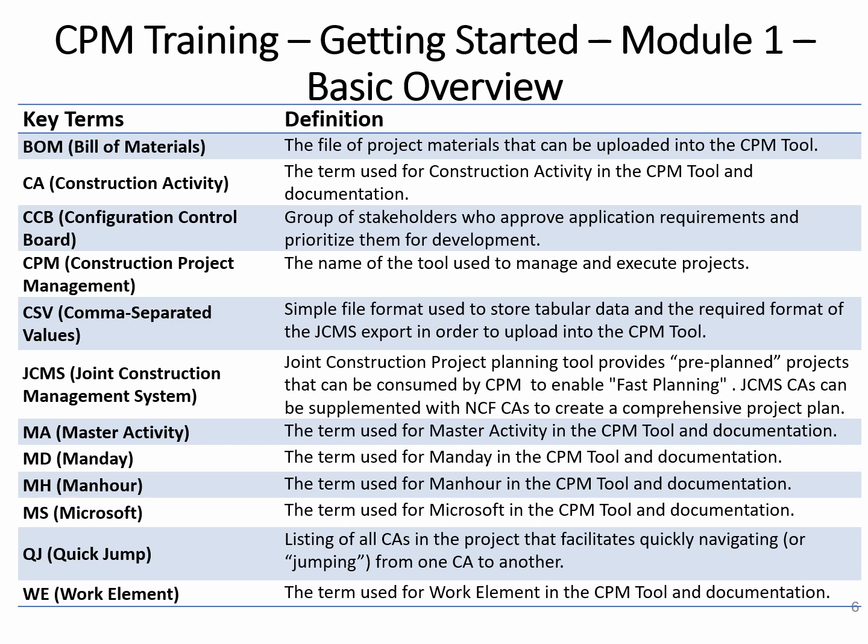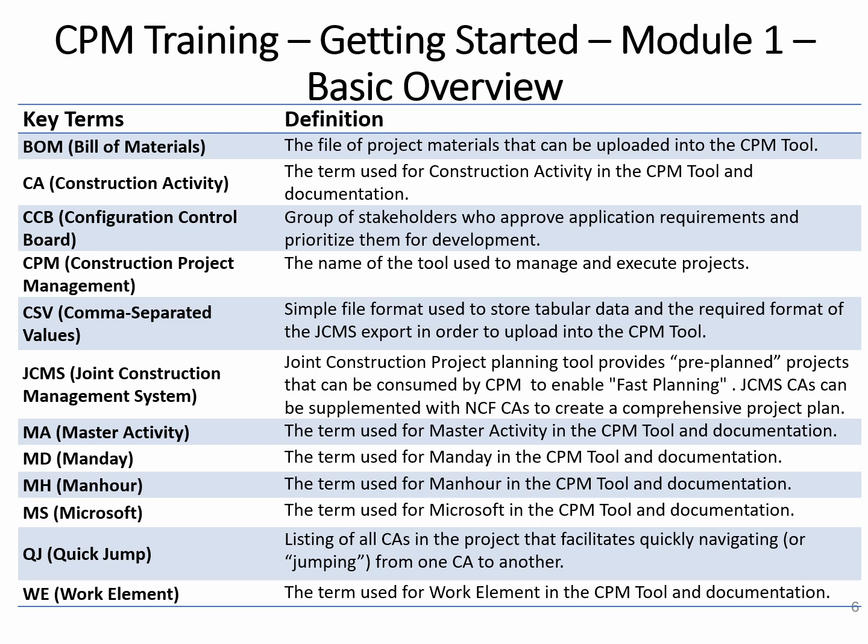Some of the key terms that you will see in CPM and also in the NTRPs: the BOM, building materials, which is the file of all project materials that can be uploaded to CPM. Later, I will show you the format that your BOM needs to be.